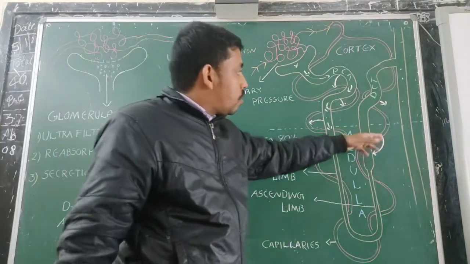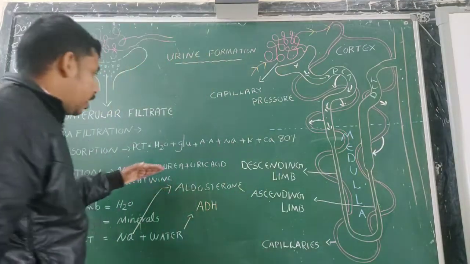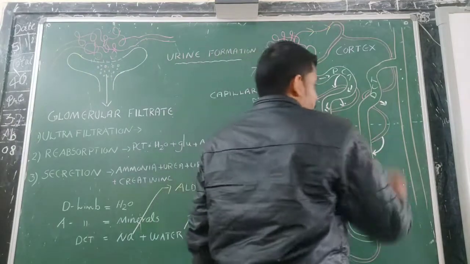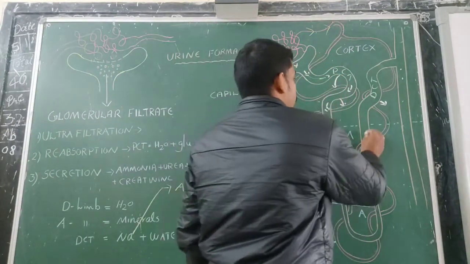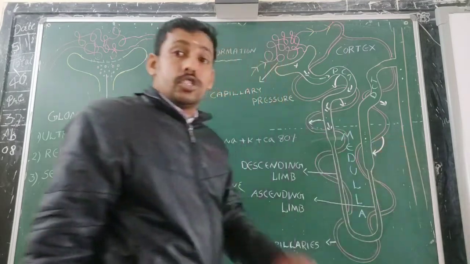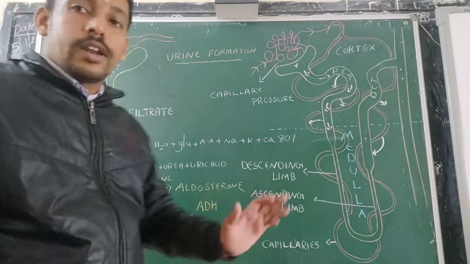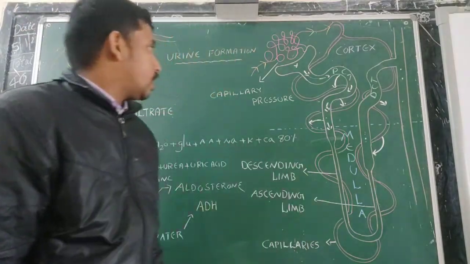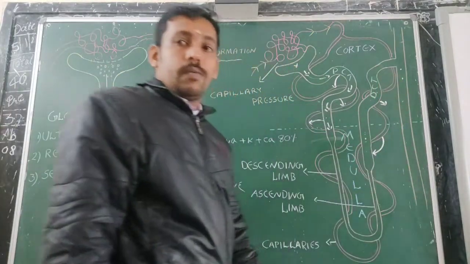From these blood vessels, the waste materials such as ammonia, urea, uric acid are going to be secreted into the renal tubule. So that is tubular secretion, and it is happening here in the DCT, distal convoluted tubule.